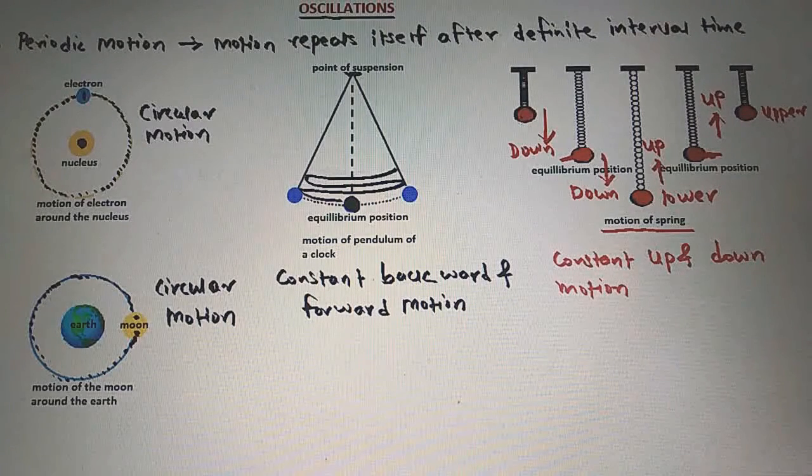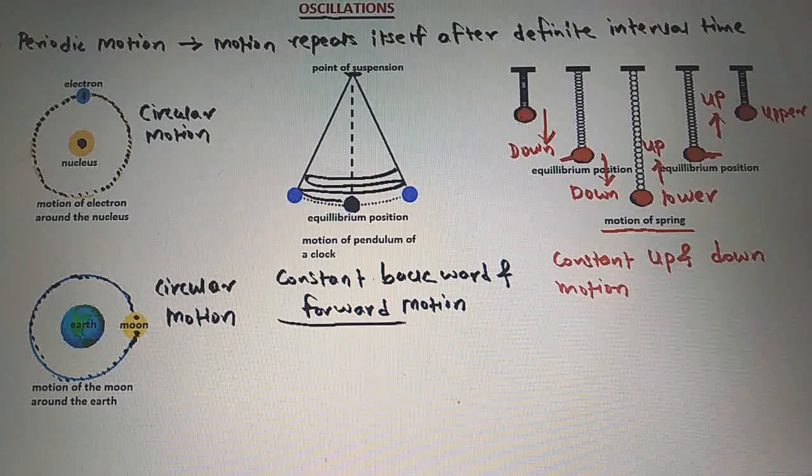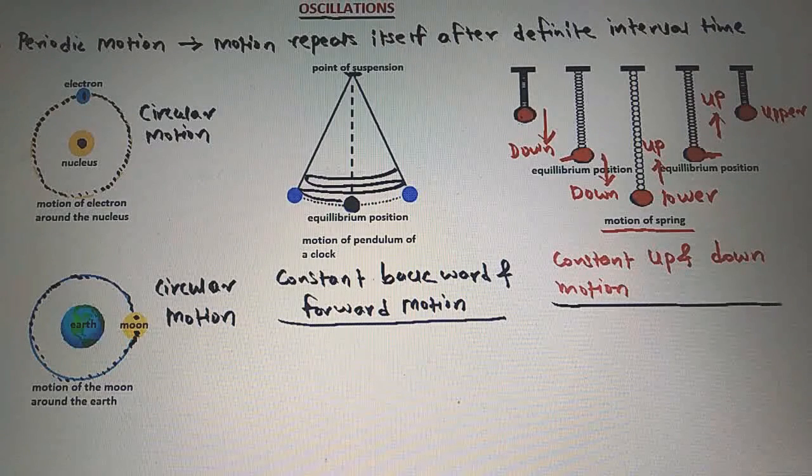So we are seeing the constant backward and forward motion of a body in the motion of the pendulum of a clock, and the constant up and down motion of a body in the motion of a spring. This constant backward and forward motion of a body or constant up and down motion of a body is called to and fro.